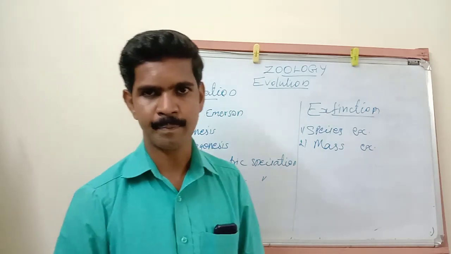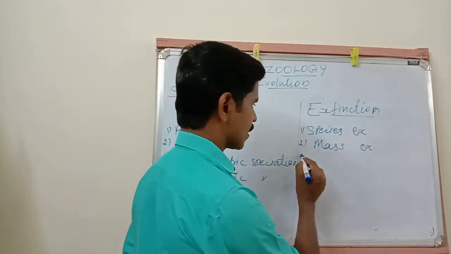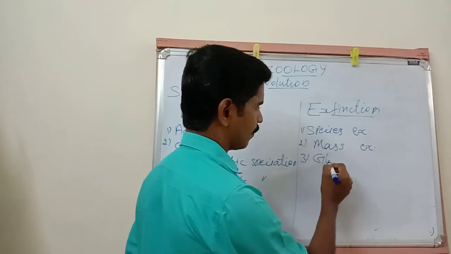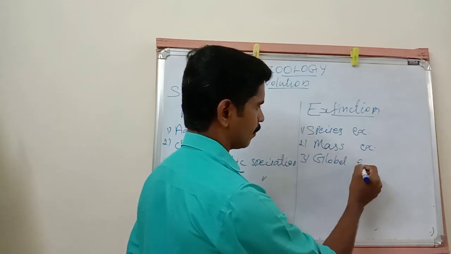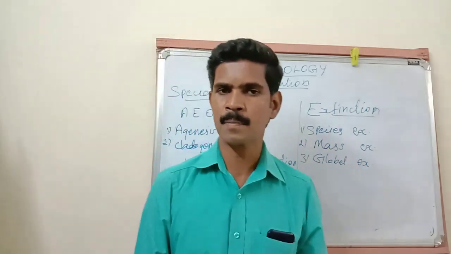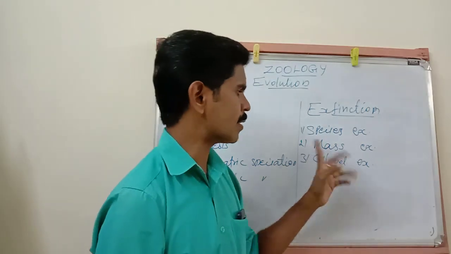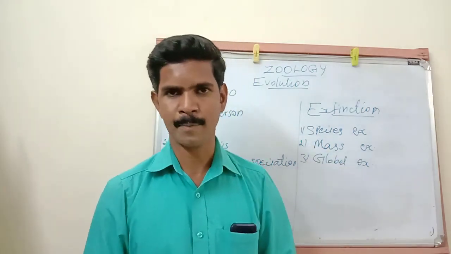Then the third level is called global extinction. So the extinction process takes place on the earth at 3 levels: species extinction, mass extinction, and global extinction.